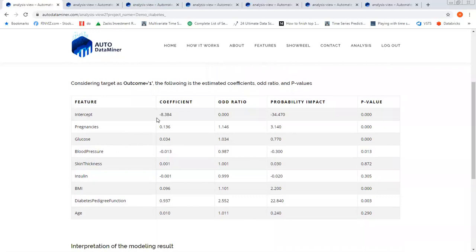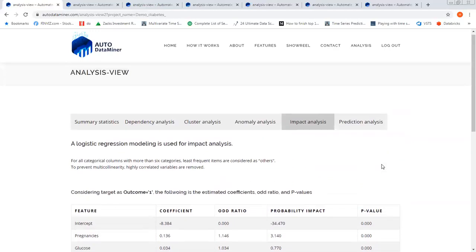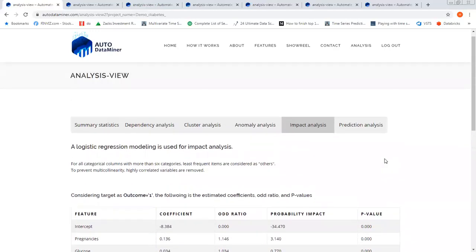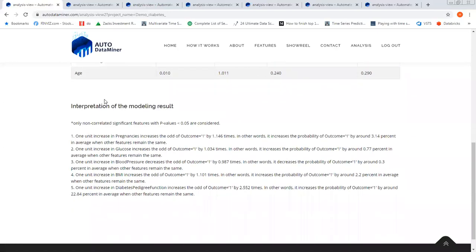You have the features, the coefficient, the odds ratio, the probability impact, and the p-value. But if you're not technical, it doesn't really matter. You just need to read this part. This is the piece that is really important for you to learn, to see what kind of valuable information is extracted here.